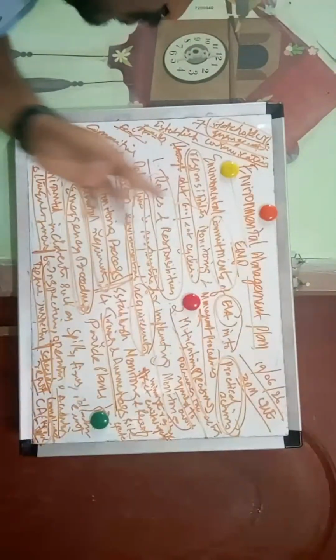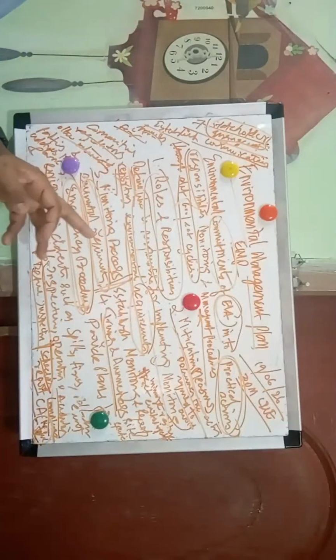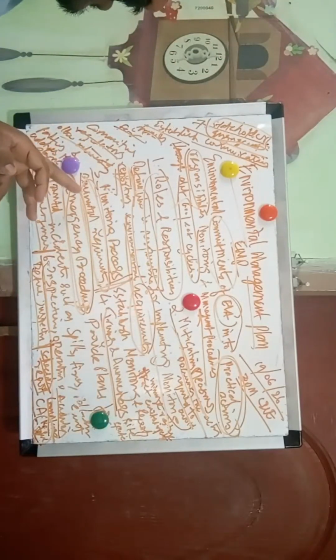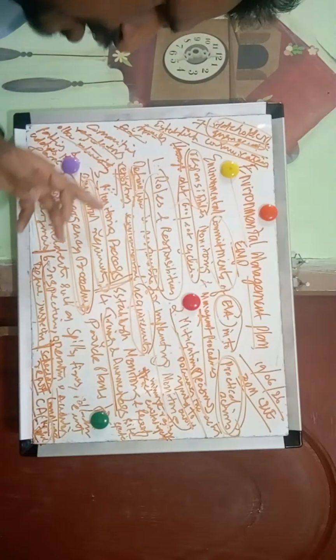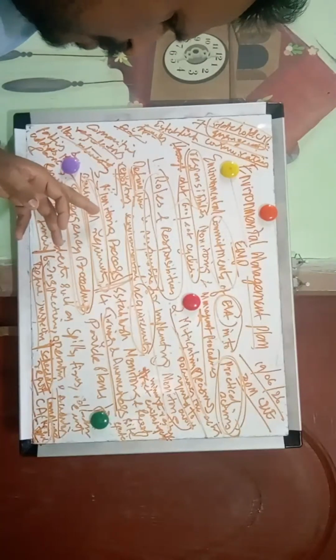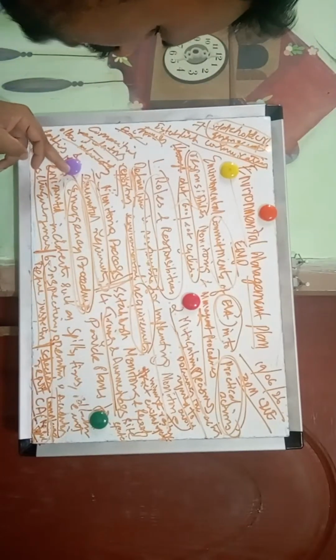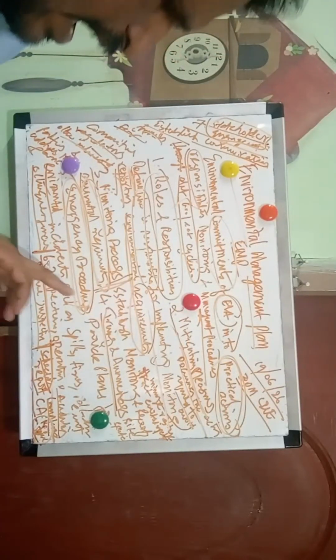For that: number 1, roles and responsibility; number 2, mitigation measures; number 3, monitoring process; number 4, training and awareness; number 5, emergency procedures; number 6, inspection, operation and auditing; and number 7, stakeholder engagement.